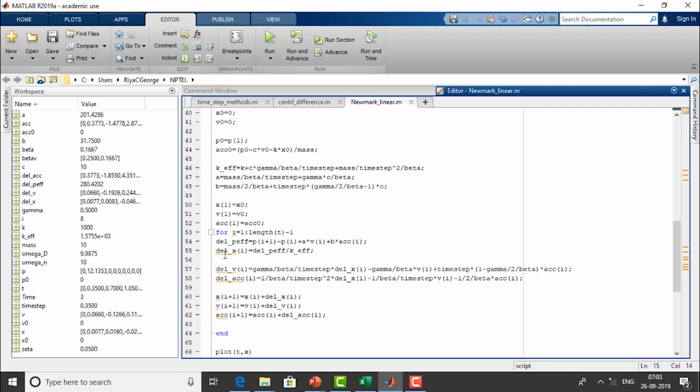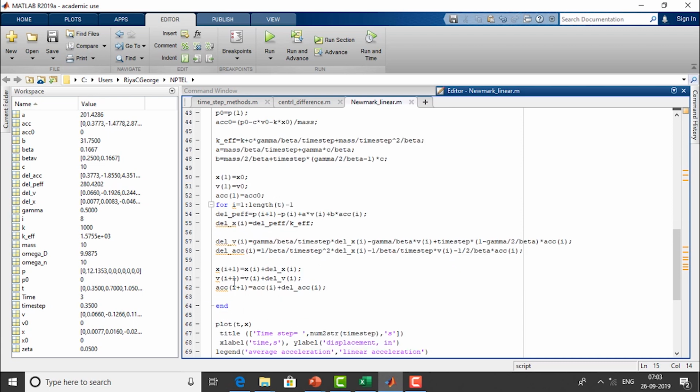We can also calculate the incremental displacement, velocity and acceleration, and using the incremental values, we can calculate the values at the time instant i plus 1. This will be calculated in a loop. Once this loop is executed, we will get the displacement, velocity and acceleration values at all the time instants. So we will get the response history.